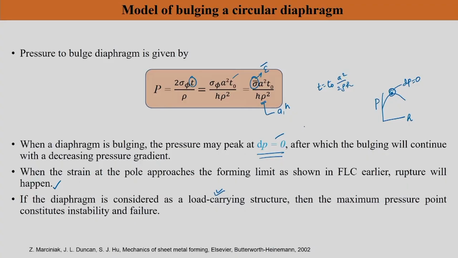If you are deforming it, one should see the difference between dP equal to 0 and when epsilon 1 star and 2 star are reached. So one has to be careful with these two. Otherwise, for the hydrostatic bulge test, a simple equation for P is obtained by sigma bar, which can be related to epsilon as a function of epsilon: A square T naught by H rho square.